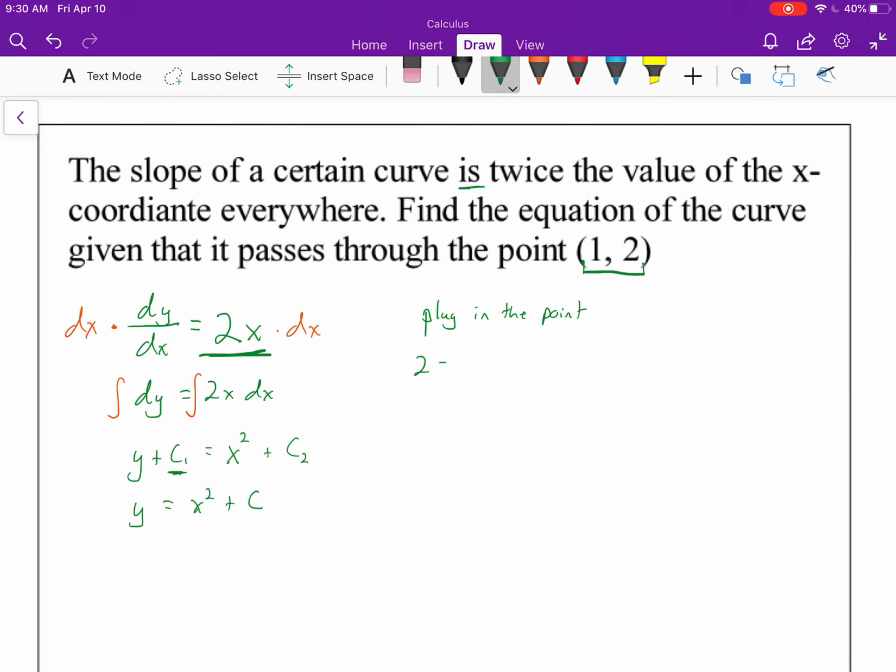And we get 2 equals 1 squared plus c, because we're putting 1 in for x and 2 in for y. Subtract 1 from both sides, c is equal to 1. So the specific equation that fits this is y equals x squared plus 1.